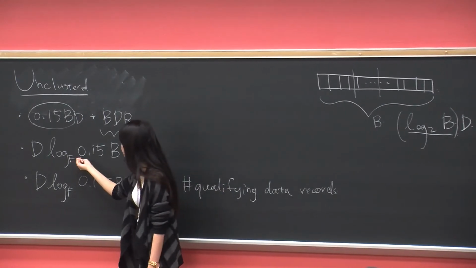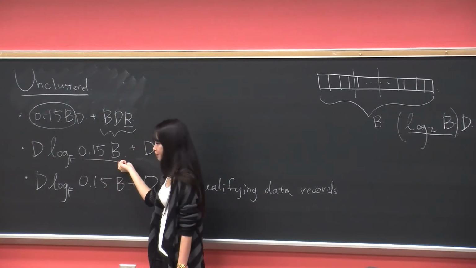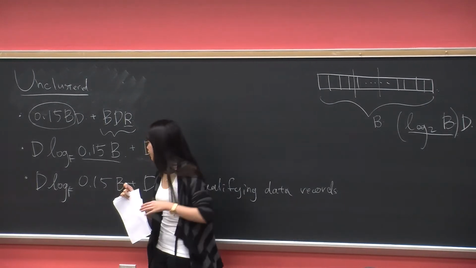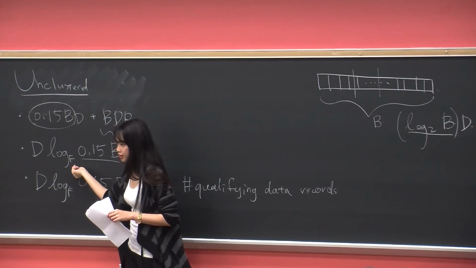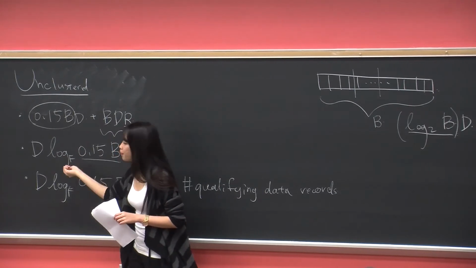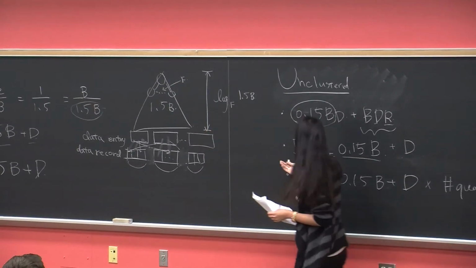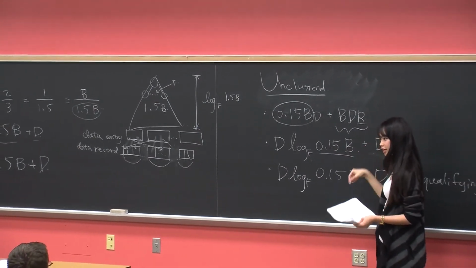First of all, judging from this part, the 0.15B is already making sure it's smaller than B, right? And also the F right here: as F goes up, so as the number of children goes up, the value of the whole thing goes down.